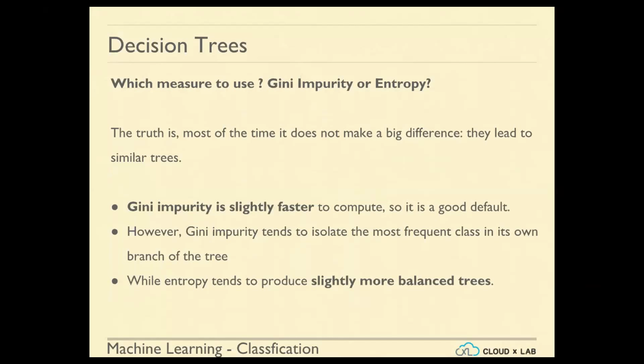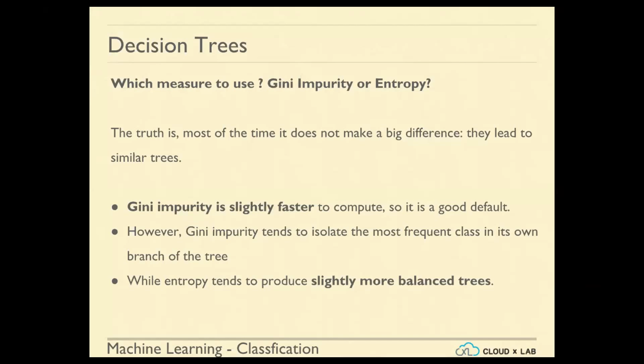Gini impurity tends to isolate the most frequent class in its own branch of the tree. If there is a particular class, because it squares the value, it emphasizes the p_i a little more than what entropy does, and therefore it tends to isolate the most frequent class in its own branch.